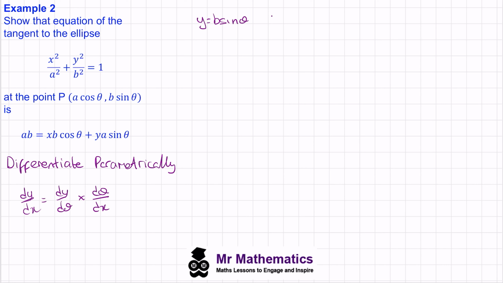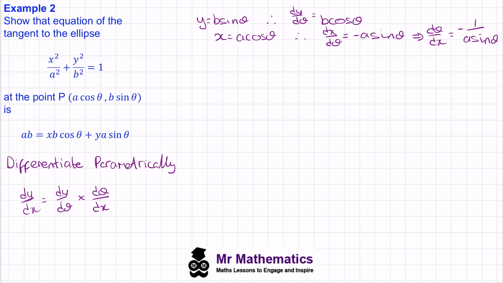So therefore dy by d theta will be b cos theta. And we know that x is equal to a cos theta. So therefore dx by d theta will be minus a sine theta. And by flipping this upside down, d theta by dx is negative 1 over a sine theta.